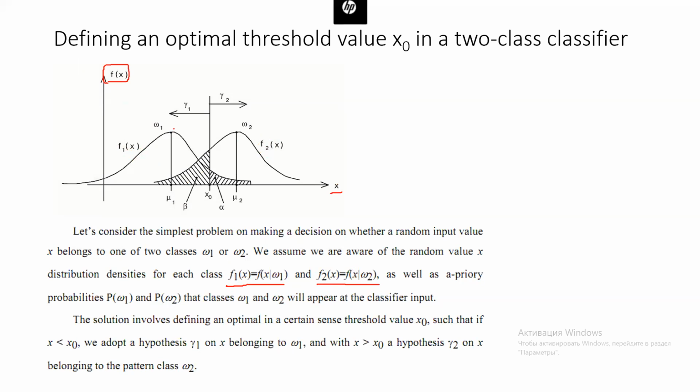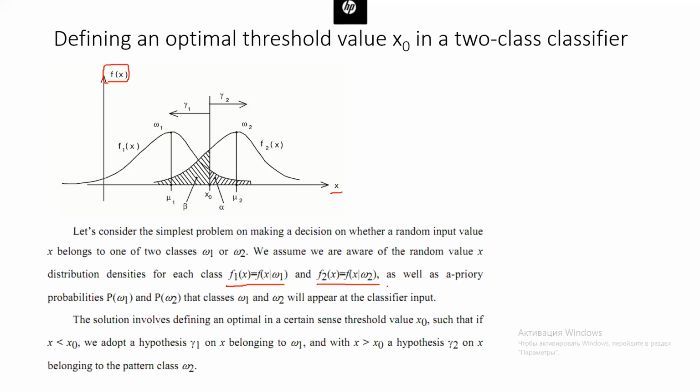So we have two distributions for two groups. They may be non-equal because you have different groups of, for example, two groups of humans, and you need to classify them.